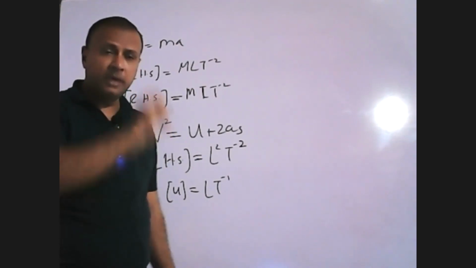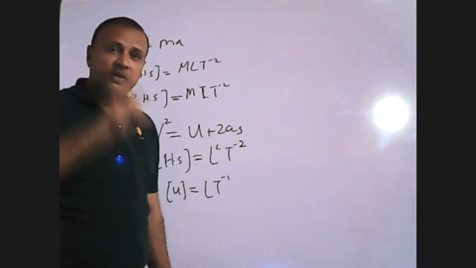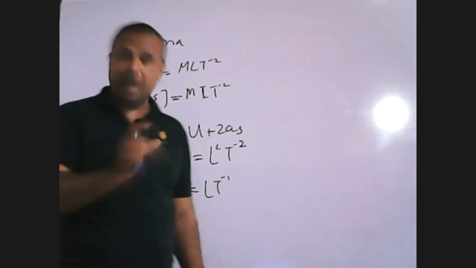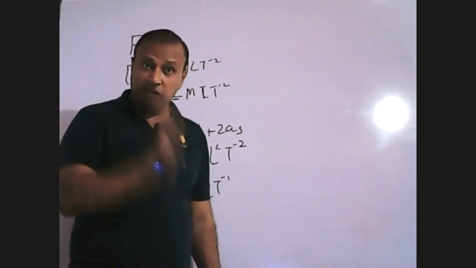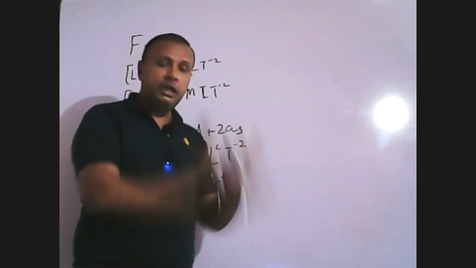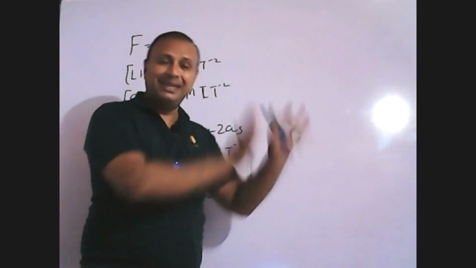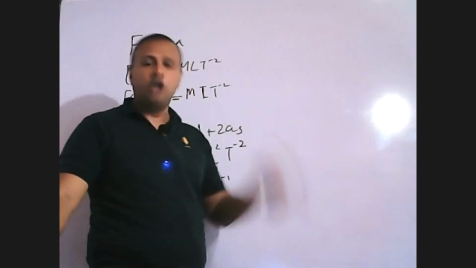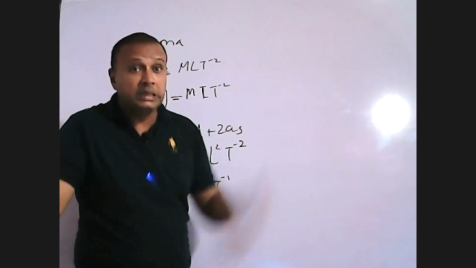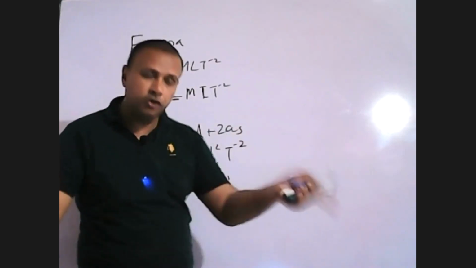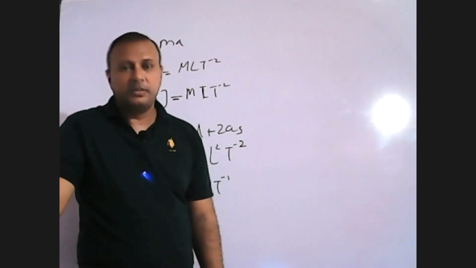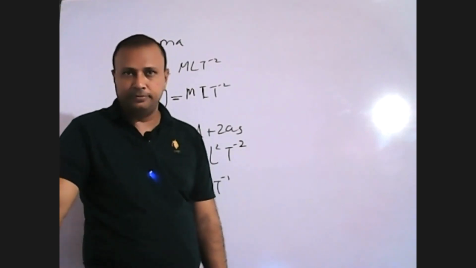You have to write that logic. What is that logic? Each and every term in an equation should have the same dimension. If the equation is correct, each and every term in that equation should have the same dimension. That is the logic. According to that logic, you should determine whether the equation is correct or not.